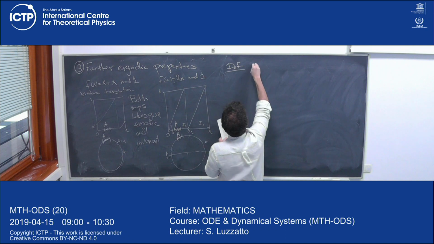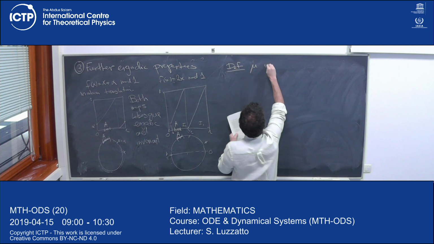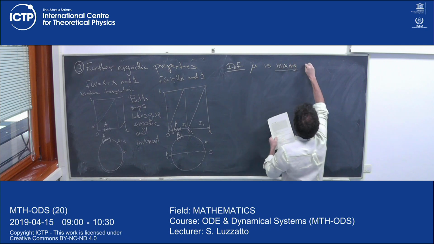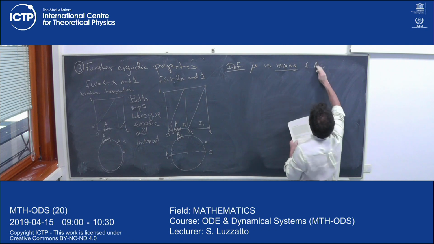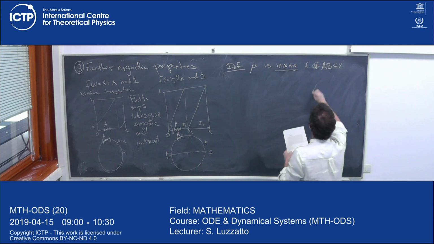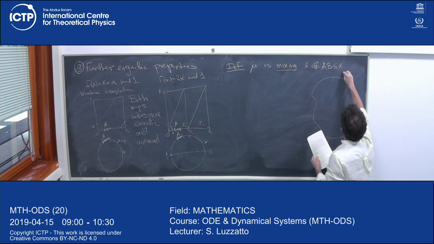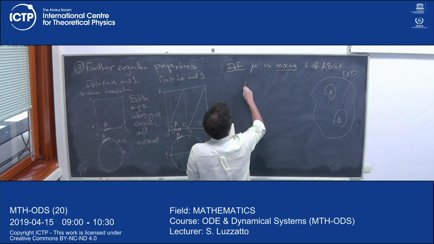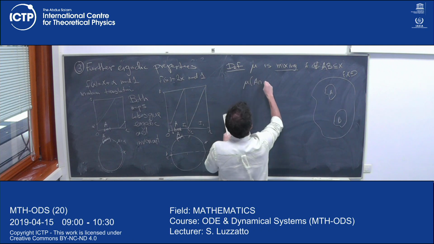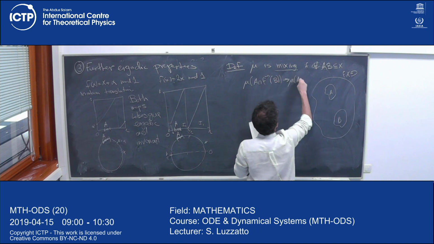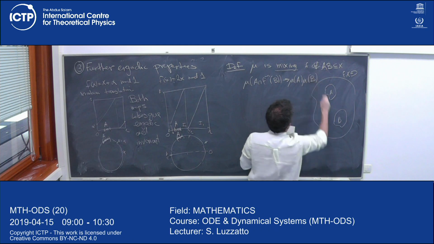So a probability invariant measure mu is mixing if for all measurable sets A, B in X, we consider a very general framework here. As usual, I shall make the definition here. So you take a set A, take a set B. The measure of A intersection F minus N of B converges to the product of the two measures.